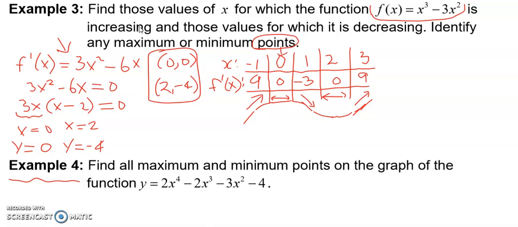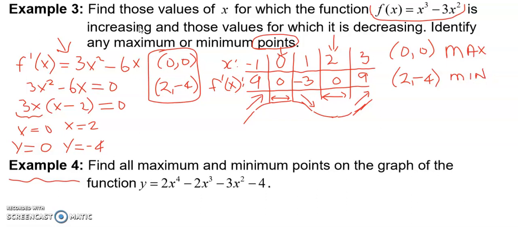The point (0, 0) is a max. That's a relative maximum, not an absolute maximum. And then the other point right here, that's when x was equal to 2, and we already calculated the y value as negative 4. That is a relative minimum. Relative maximum and relative minimum.